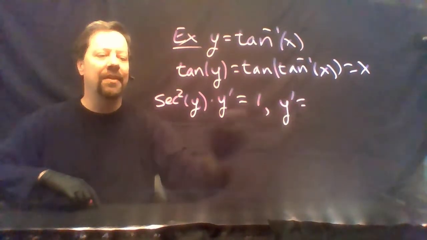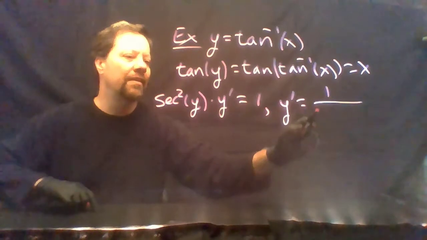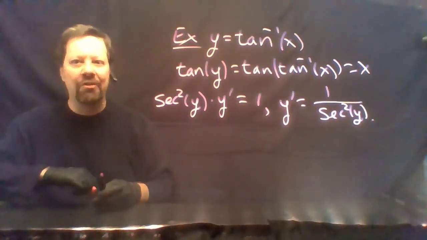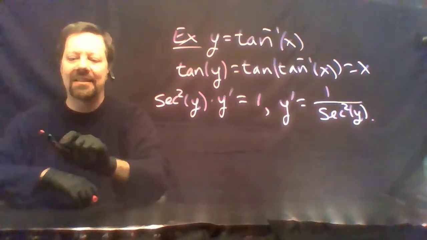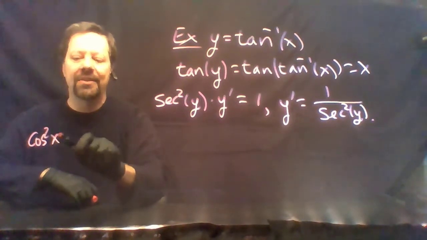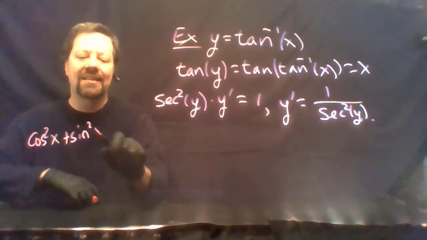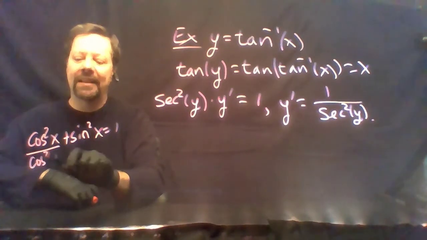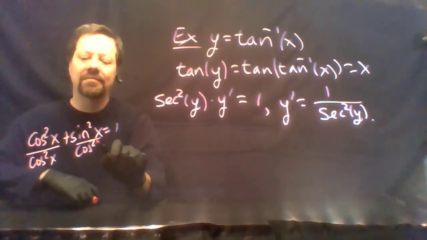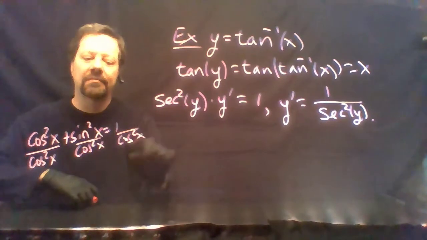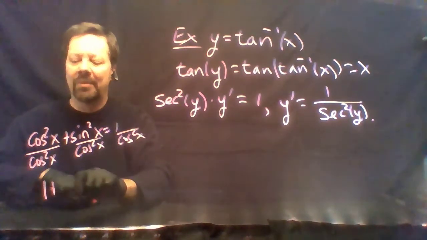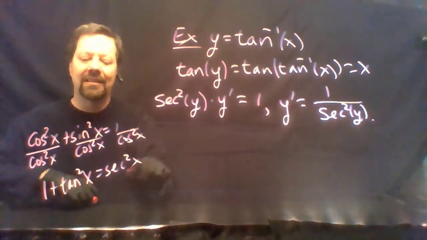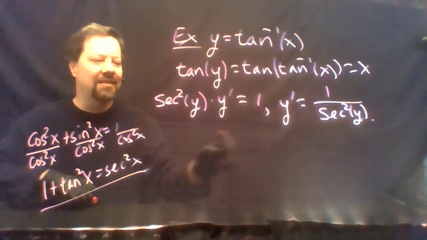It follows that the derivative that we seek is 1 over secant squared of y. But now you need to remember one of the Pythagorean identities. You probably remember that cosine squared x plus sine squared x is equal to 1. If you divide everything in sight by cosine squared x, you'll get 1 plus tangent squared x equals secant squared x.